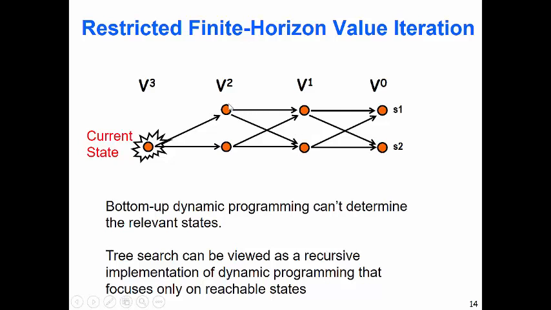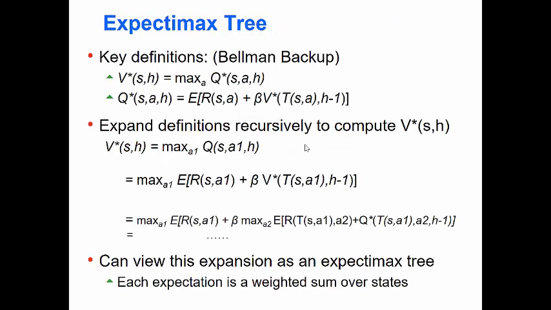So for example, at this level here, they would actually have two versions of this state, one coming from here and one coming from here. Turns out you can merge these things with no problem, but that's a detail. We'll talk about that in a moment.